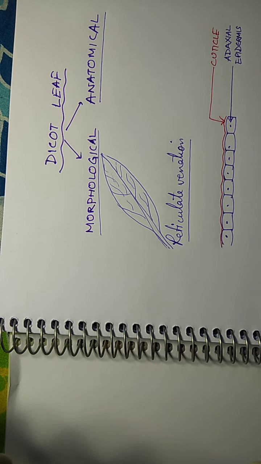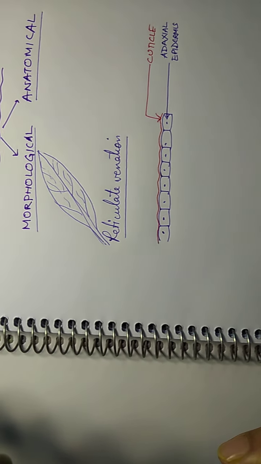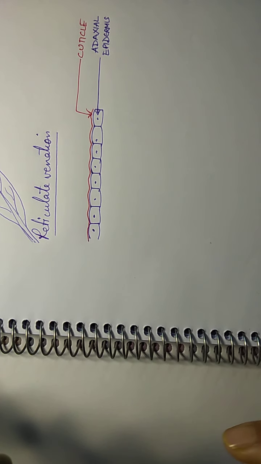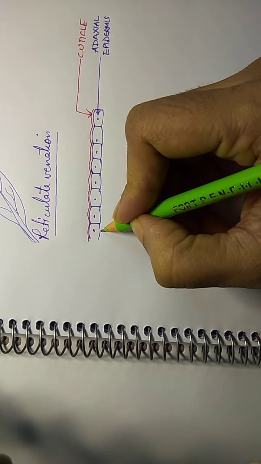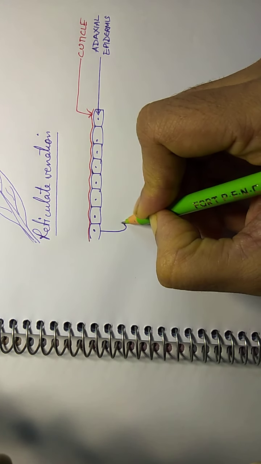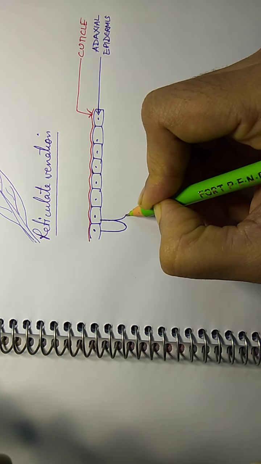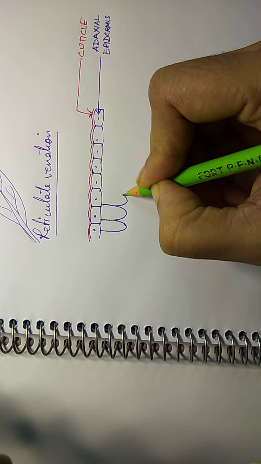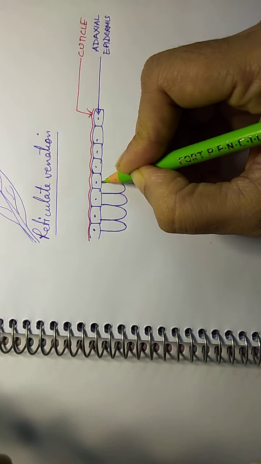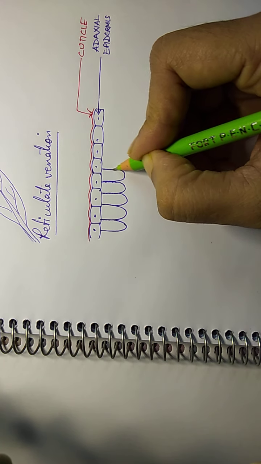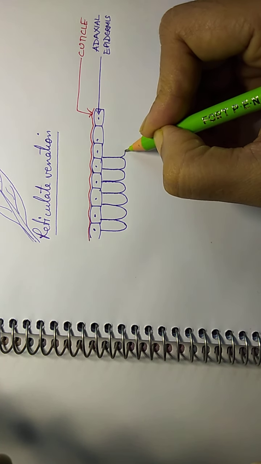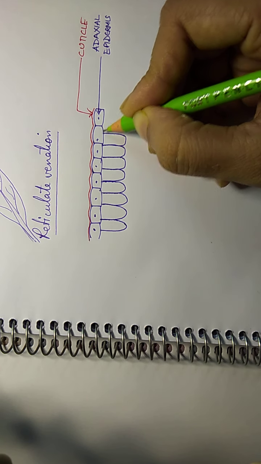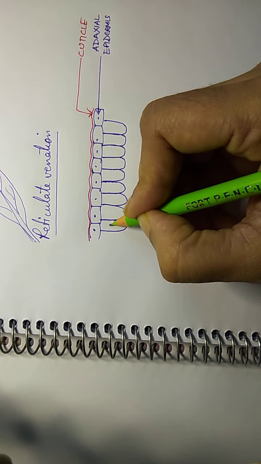Now as soon as we enter the leaf, what are the other things we see? There are certain elongated cells just below it. These are absolutely parenchymatous cells, which are thin-walled, with abundant cytoplasm and a definite nucleus.